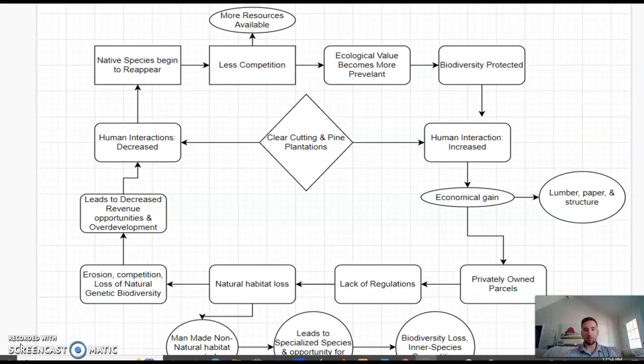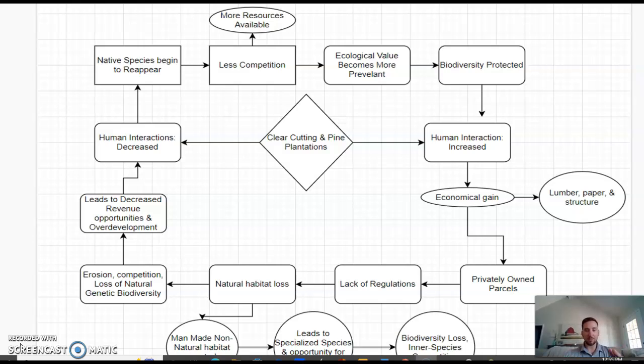These privately owned parcels lack on-site regulations from the federal government. They do have regulations, but on-site they lack in that category, and it leads to people doing things the way they see fit, rather than being regulated on a federal level, which would produce a general understanding of the conservation needed when doing something like this, especially on a large scale.